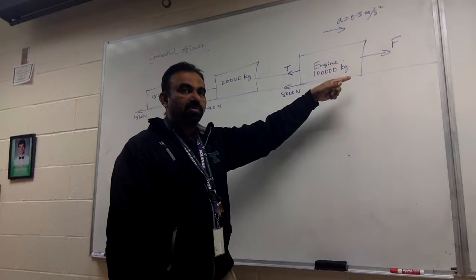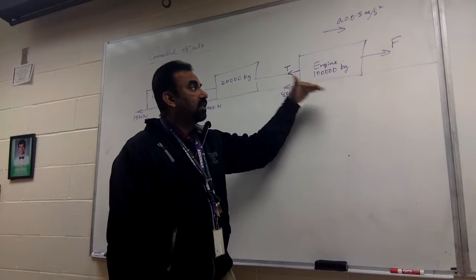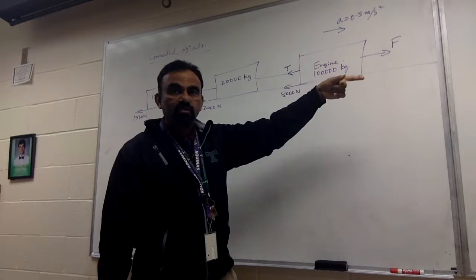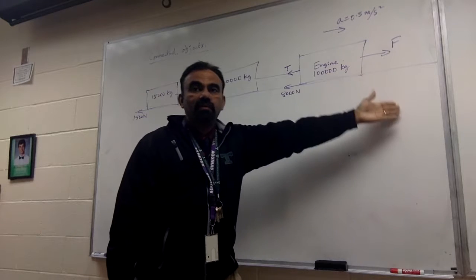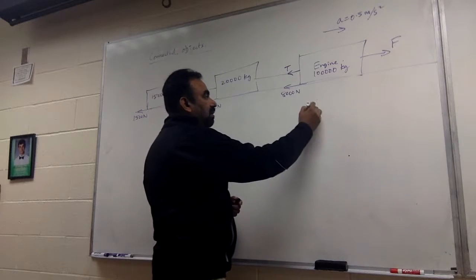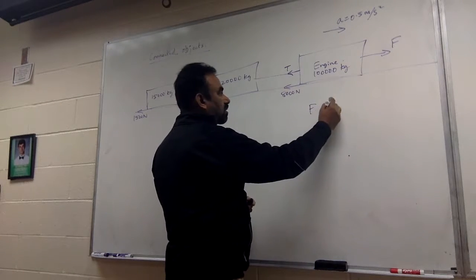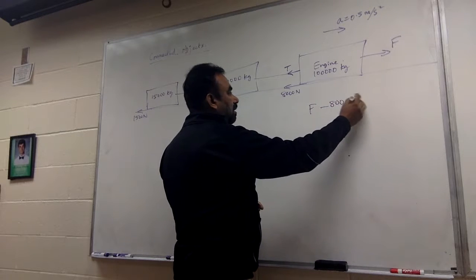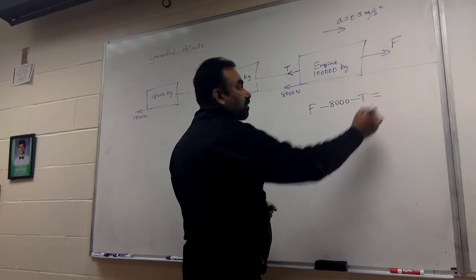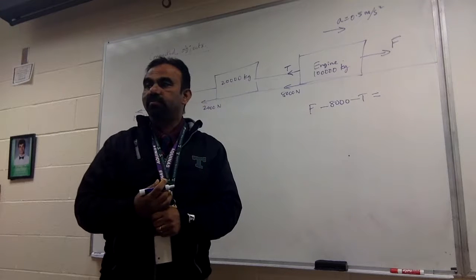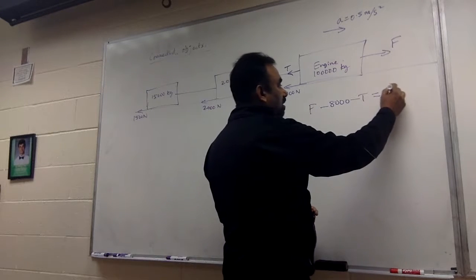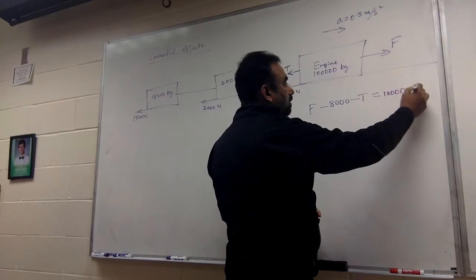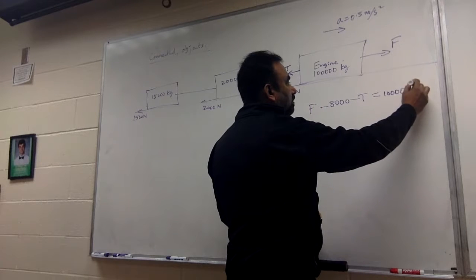That's a driving force. So now which way is the engine going? So which force is bigger? This side is bigger. So take the bigger minus the smaller ones. F minus 8,000 minus tension is equal to mass times acceleration. So 100,000 times 0.5.